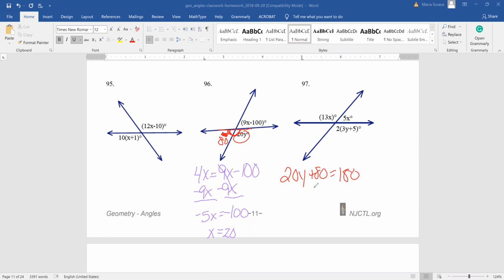When I go about solving this, I'm going to minus 80 from both sides, which means 20y will equal 100. And therefore, y, when I divide 100 by 20, will equal 5. So your answer for number 96 is x equals 20, y equals 5. And that concludes our problem solving section for proofs of special angles.